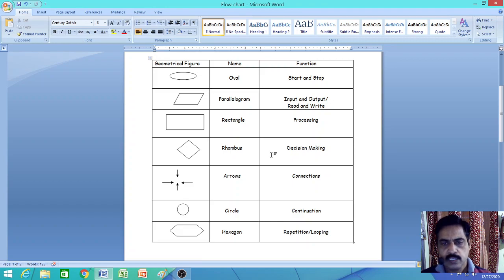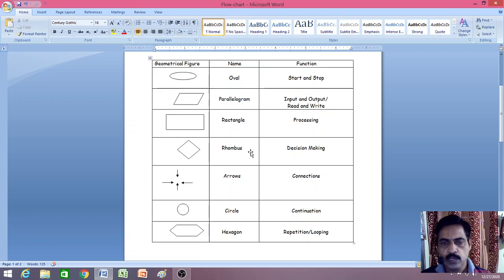Usually, to represent the conditions we are using this symbol, and the symbol has two ways. One is true, another one is false, because the conditions may result in either true or false. Therefore the rhombus has two ways.